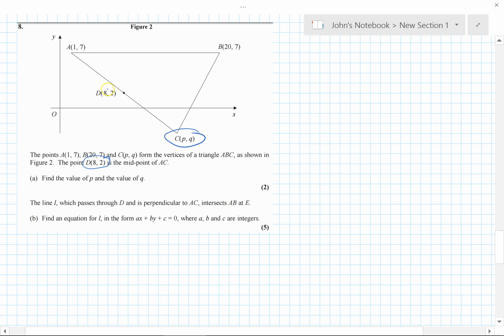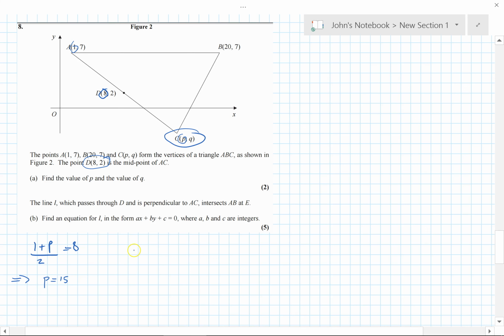So we've got the midpoint of the x coordinates. So we've got 1 plus p over 2 is equal to 8. It's pretty easy to see from that, the top has got to be equal to 16, so that gives us p equals 15.